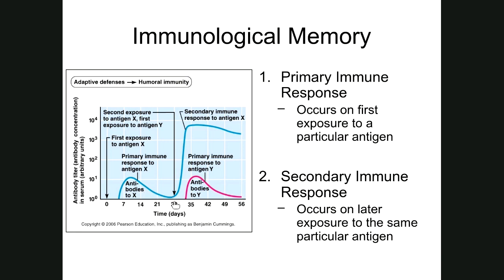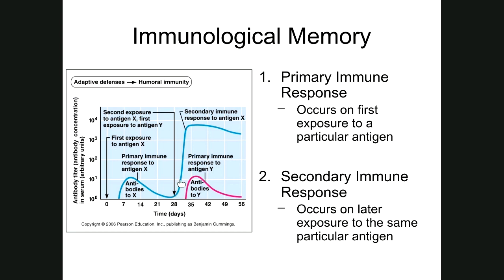And what that means is if you get exposed to varicella again, so this is day 28, it's 4 weeks after the first time you got exposed, you'll notice the antibody numbers shoot up very rapidly. So within a few hours, they're high enough to do something about the varicella virus or the antigen that has been introduced into your body, to destroy it, to neutralize it so it doesn't have a chance to make you sick.